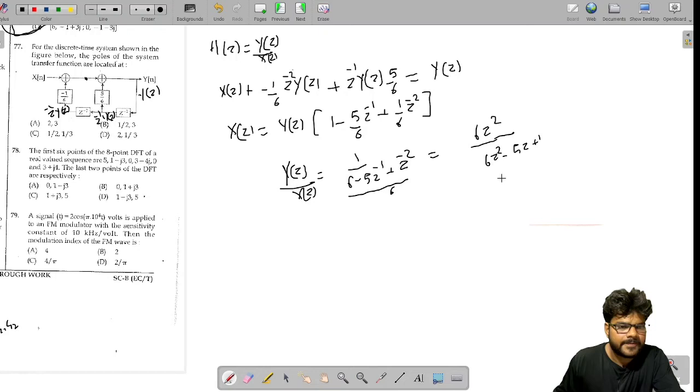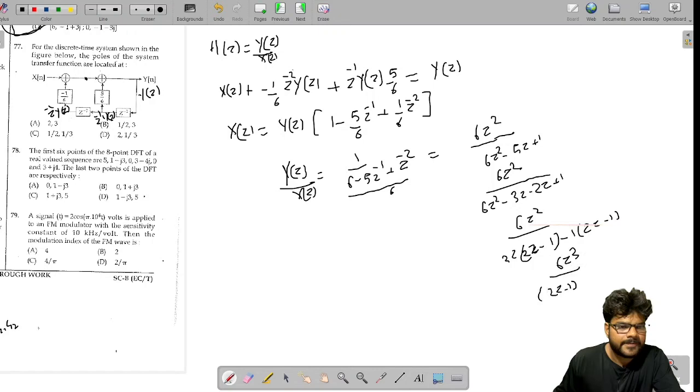So this will be 6z square by, in the denominator we can write 6z square minus 3z minus 2z plus 1. Taking 3z common, this is going to be 2z minus 1, and taking minus 1 common, this will be 2z minus 1. So 6z square by 2z minus 1 and 3z minus 1.